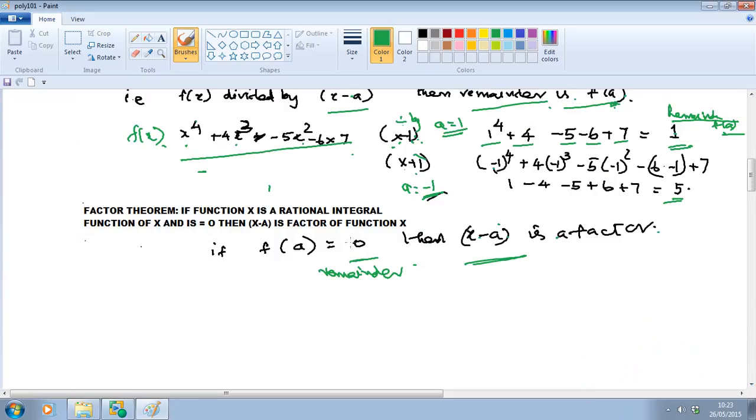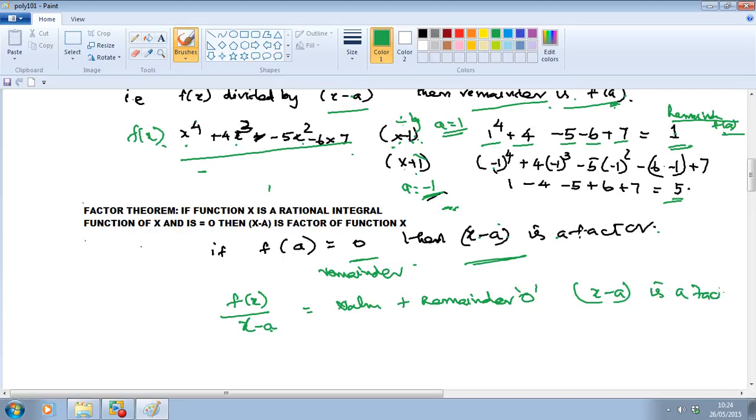So what does the remainder theorem say? If f of x is divided by x minus a, you get some value plus remainder. If the remainder is 0, that means it is divisible, then x minus a is a factor.